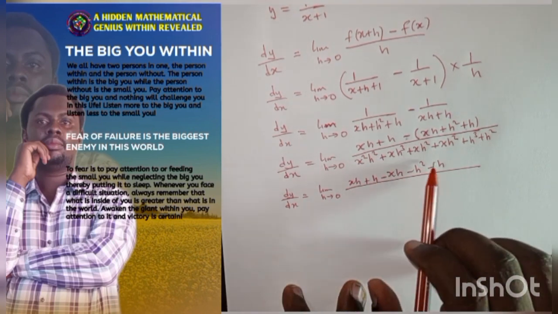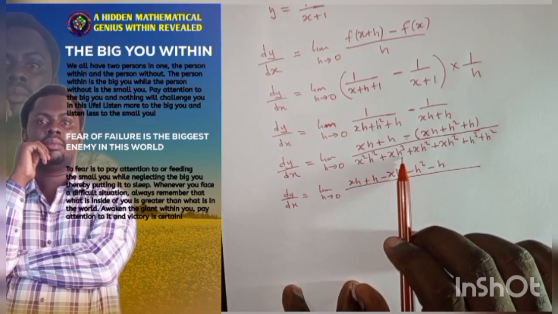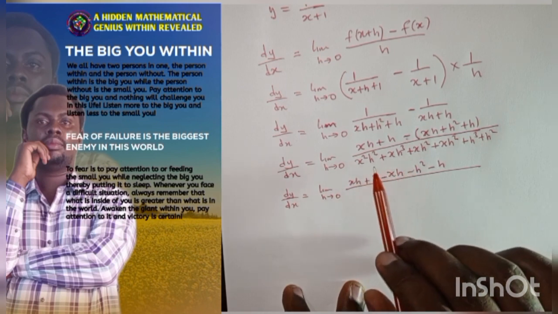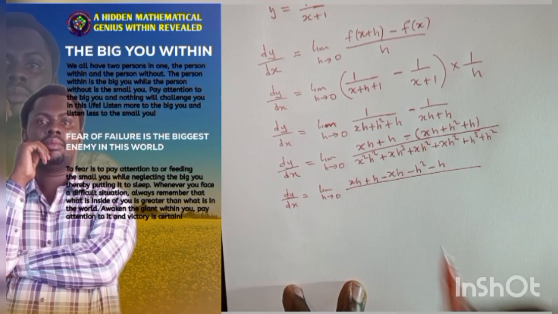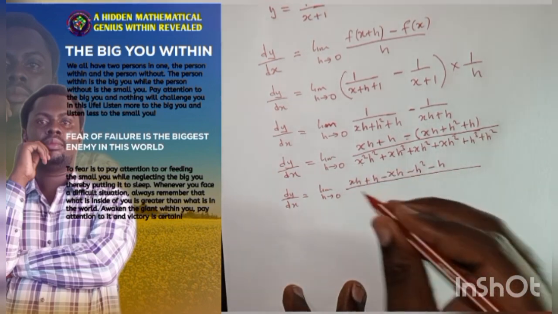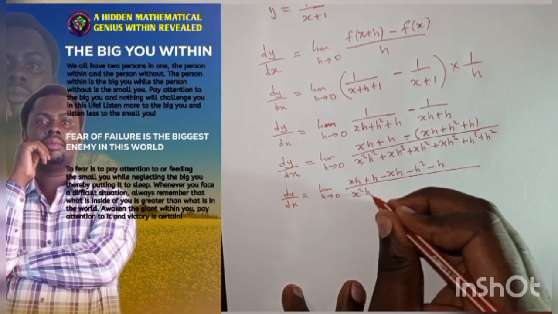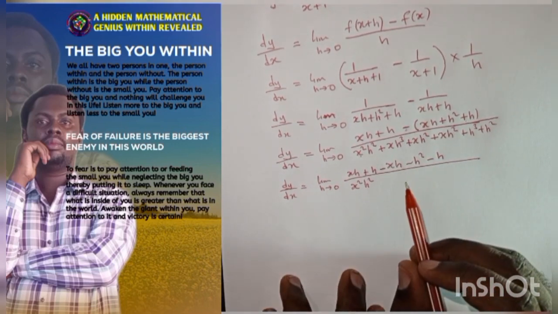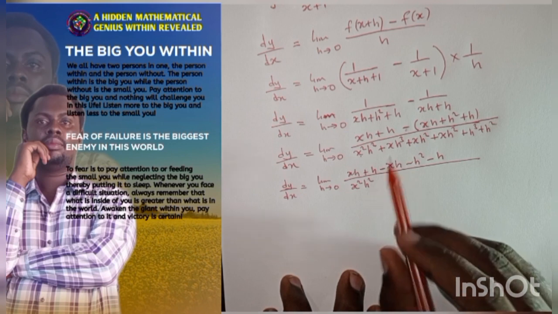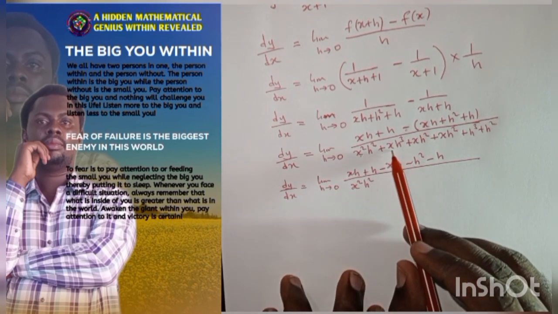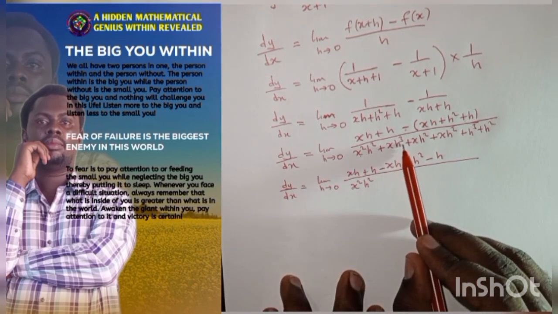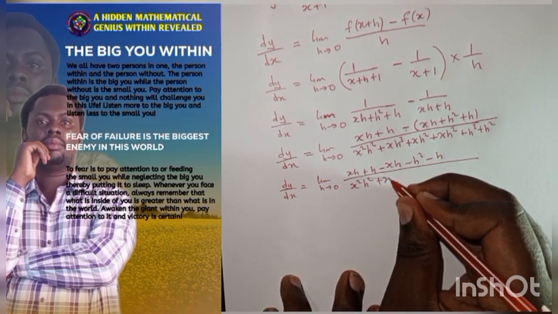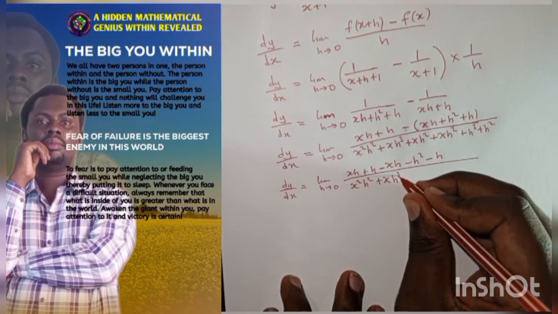So here we can collect the like terms. x squared h squared will be maintained. You have x squared h squared. Then h cubed, to be maintained as it is, x h cubed.